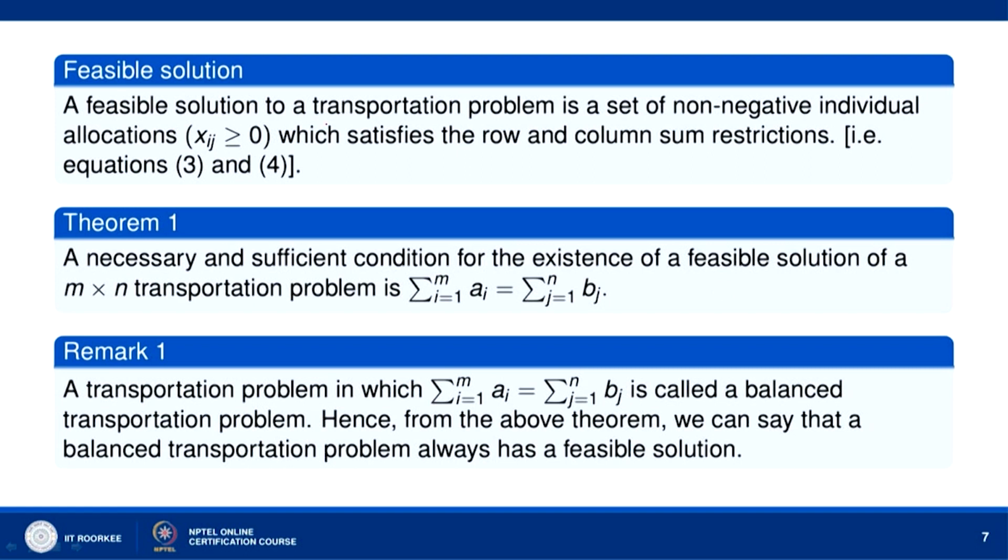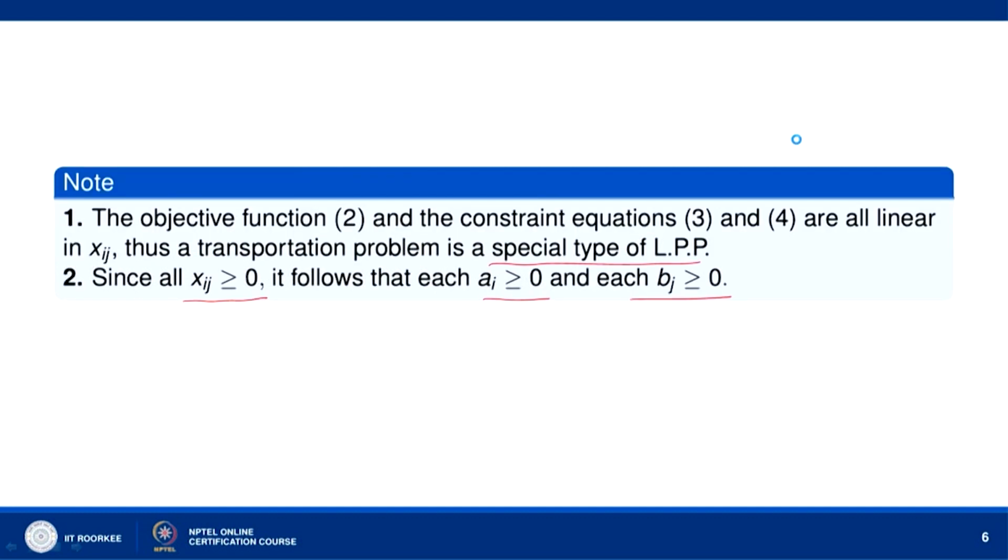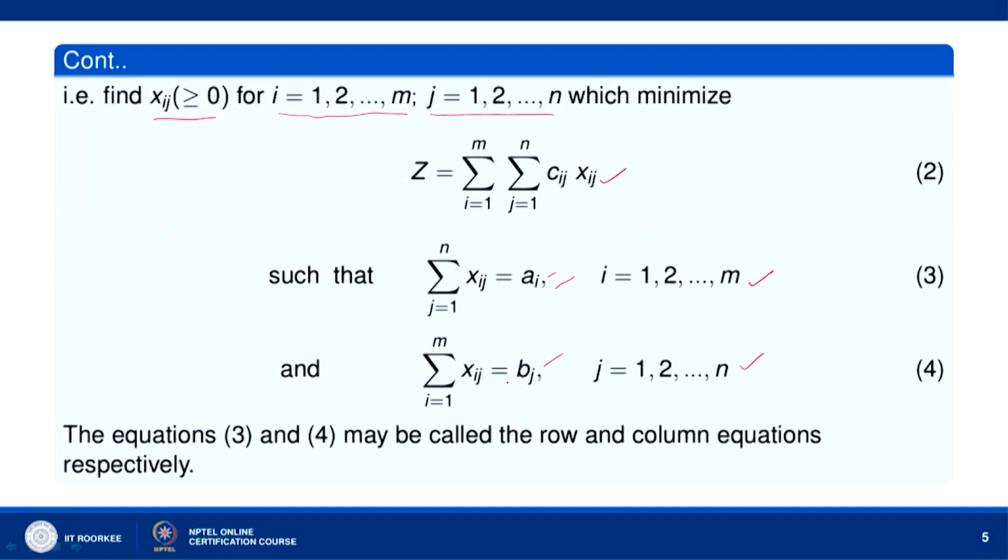Now, let us see what a feasible solution is. A feasible solution to a transportation problem is a set of non-negative individual allocations x_ij greater than or equal to 0, which satisfies the row and column sum restrictions, that is, sigma x_ij, i equal to 1 to m, is equal to B_j, and sigma x_ij, j equal to 1 to n, is equal to A_i.